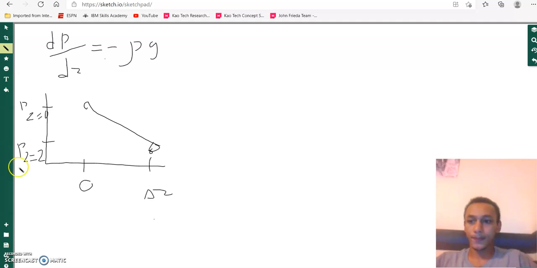Here we've got change in pressure over change in height is equal to negative rho times gravity.